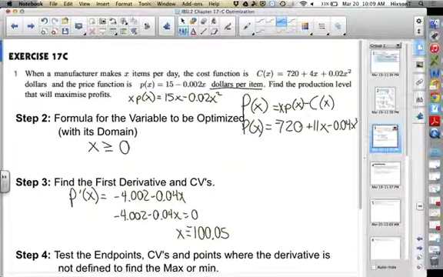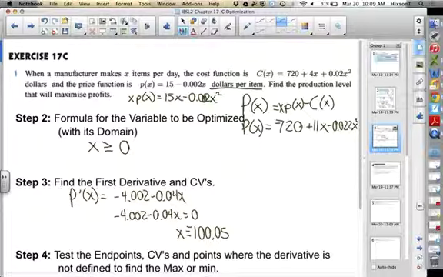Yes, the 1.002. What is it? Oh yeah, I lost a, there we go. So that'd be 0.022x squared. Okay.